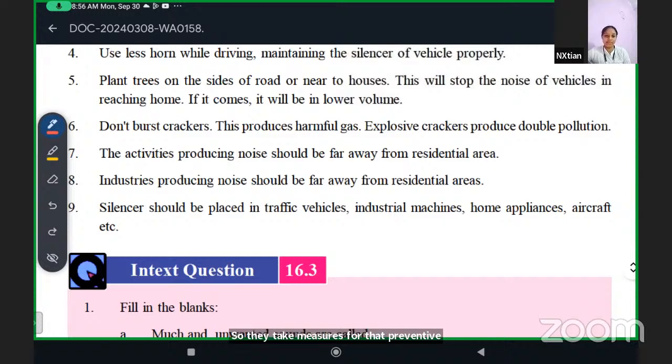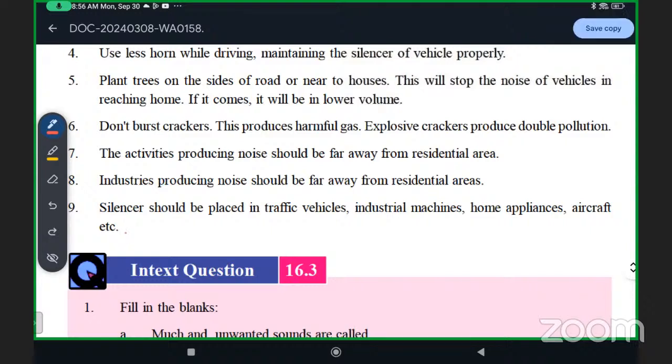Yes, Abraham. One more question. Suppose we have a forest over here. This is the forest. And then we have a factory. And then we have a residential area close to the forest.